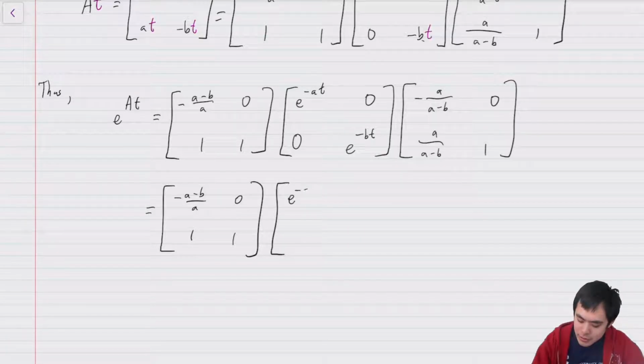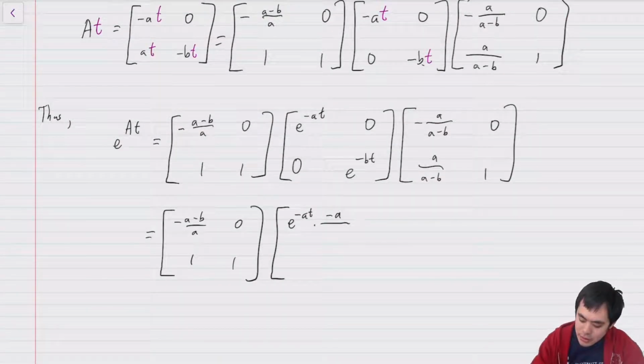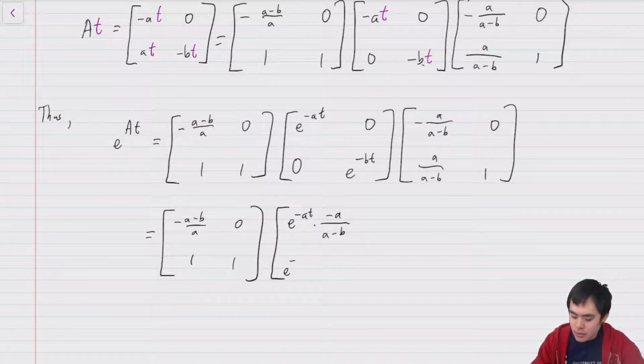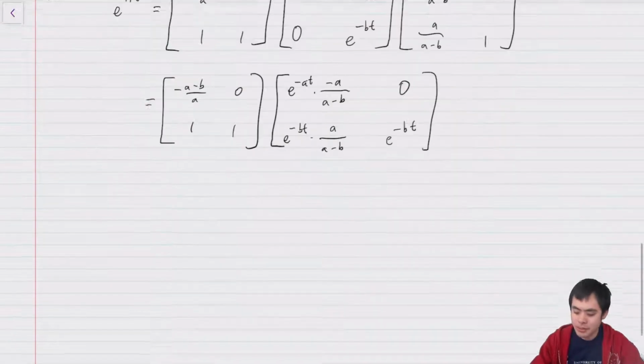So this is e to the minus at times each of those entries, and then we have 0, scaling the other row, a over a minus b, and e to the minus bt. Okay, hopefully I did that multiplication right this time.